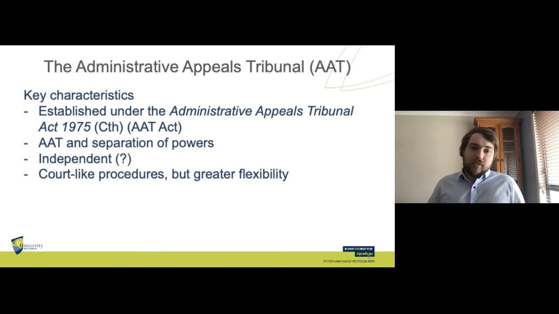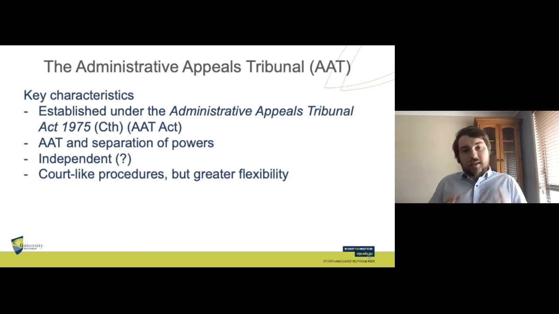There is some question mark over the AAT's independence. It generally has a fair degree of independence, even though it is part of the executive. But of course, it does still rely on funding from the Commonwealth Government. Membership is appointed by the government, and membership is not for life, it's only for 7 years in most instances.